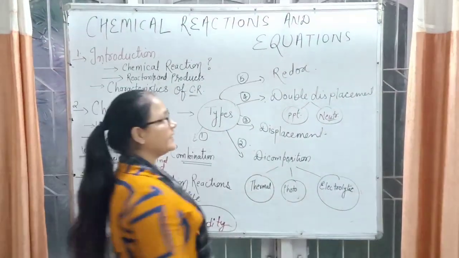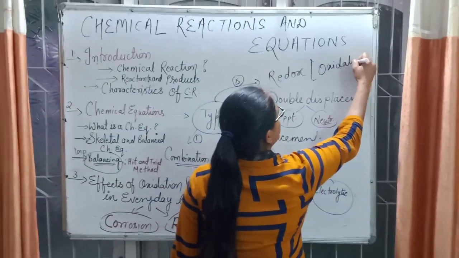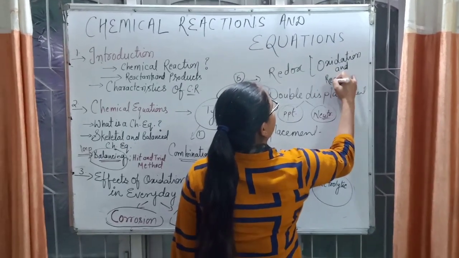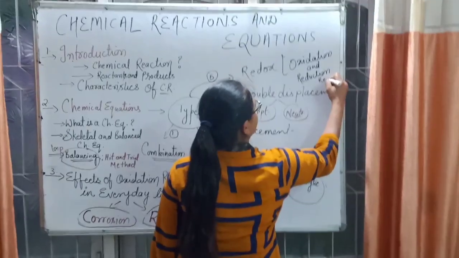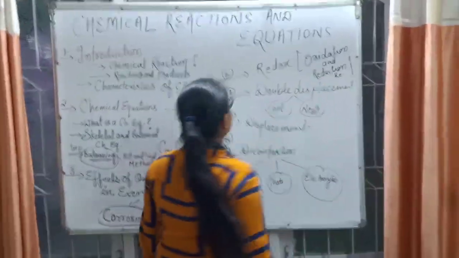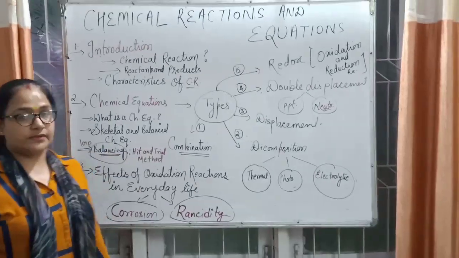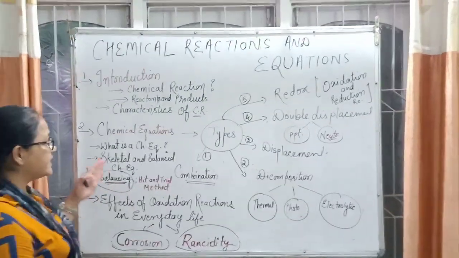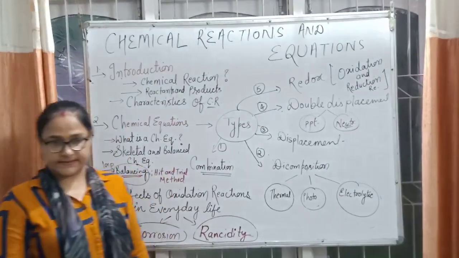Redox is ultimately oxidation and reduction reactions. Okay. These are the 5 types of reactions which we will study in this chapter. We will take different types of reactions along with many examples.